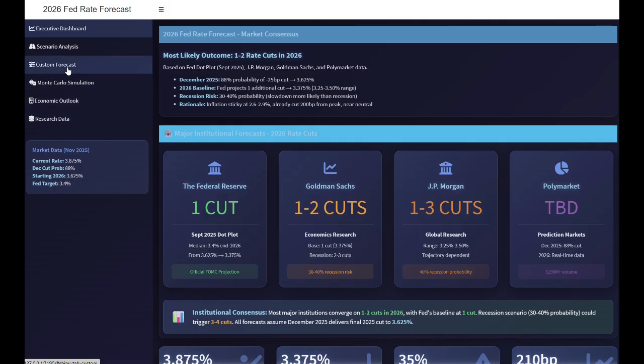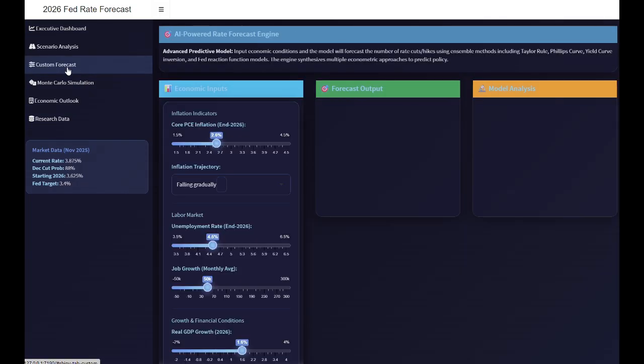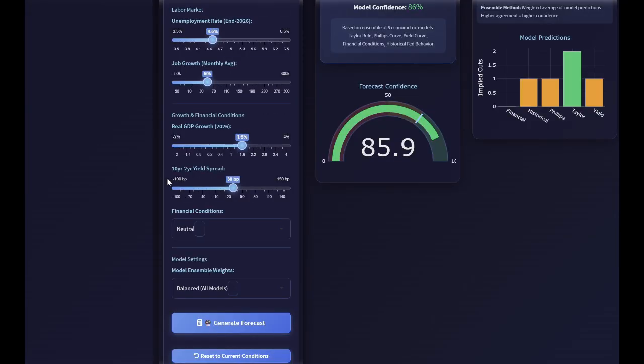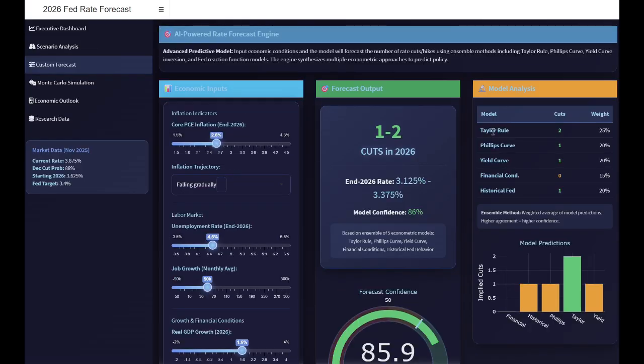So going to the custom forecast, we take into account some of the traditional models: the Taylor rule model for interest rates, the Phillips curve, the famous yield curve, financial conditions, and historical Fed behavior.